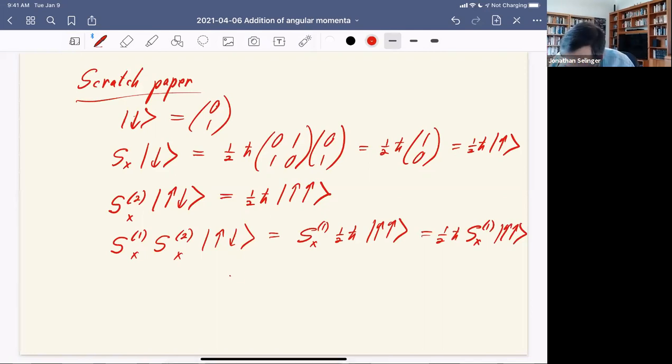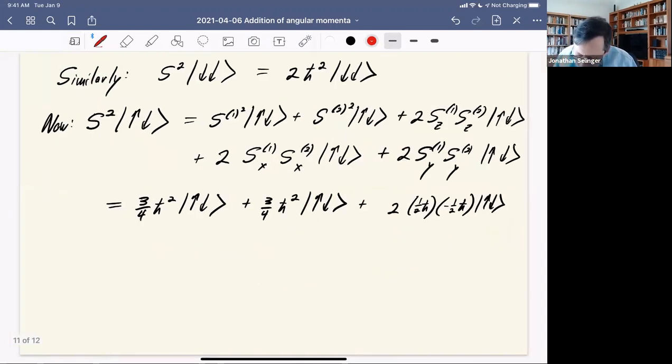So this is a half h bar squared times down, up. Okay, so with that result from scratch paper, we can say this is plus 2/4 h bar squared times the state down, up.